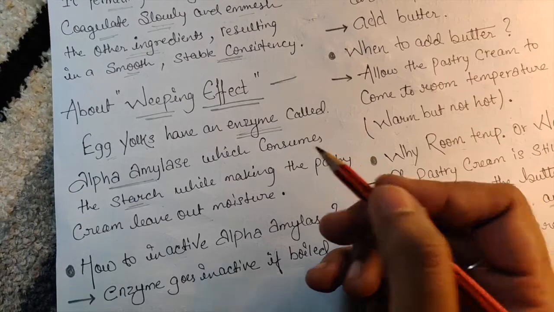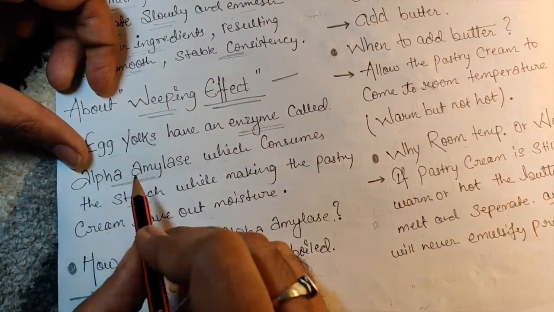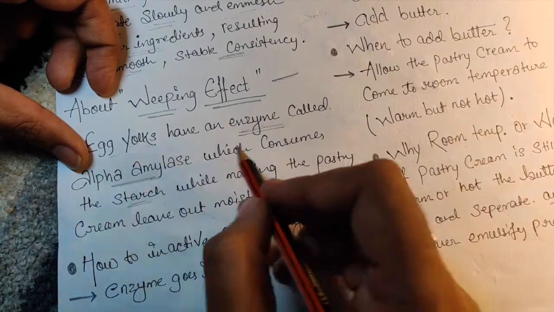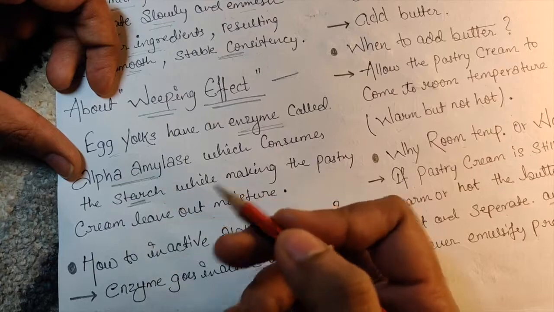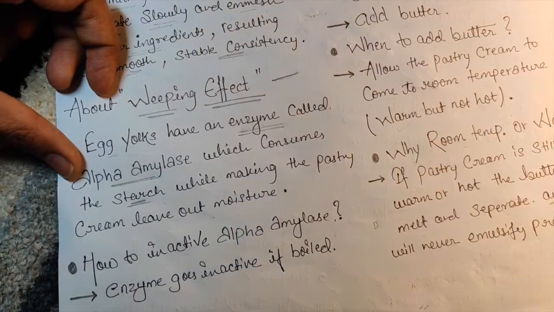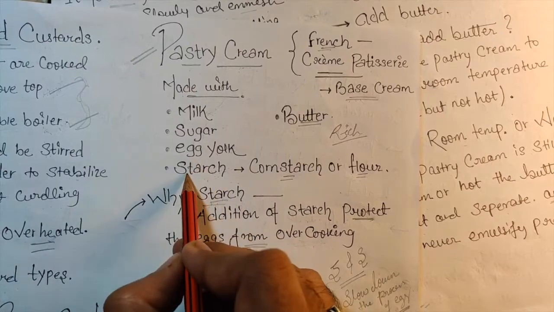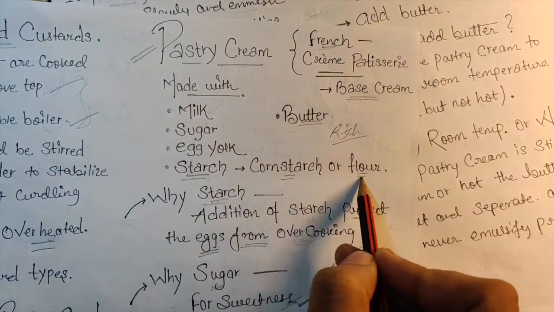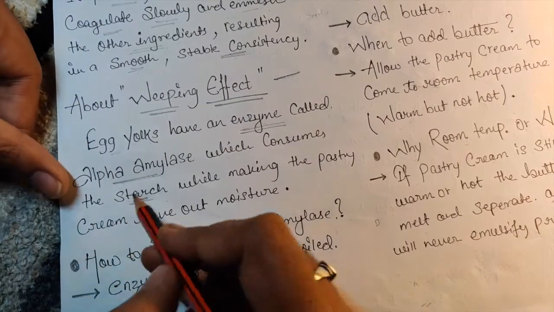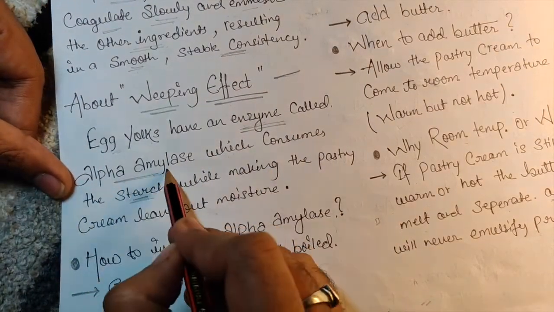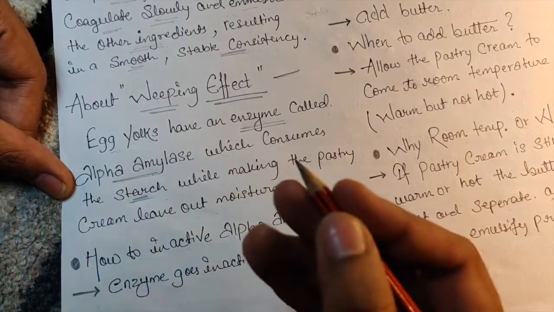What does that mean? Egg yolk has an enzyme known as alpha amylase. The starch is what we add, meaning cornstarch or flour. The yolk has the enzyme, alpha amylase, which starts eating the starch and releasing water.